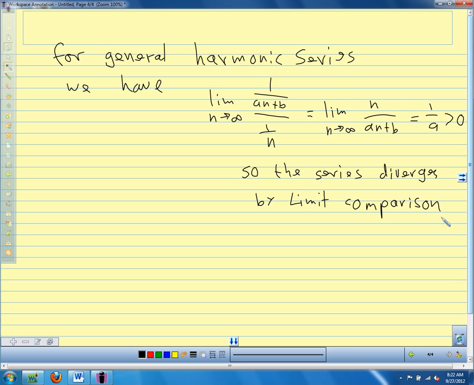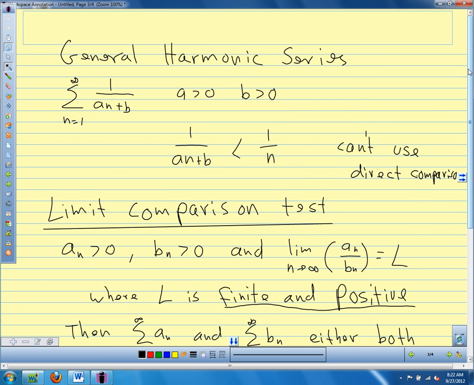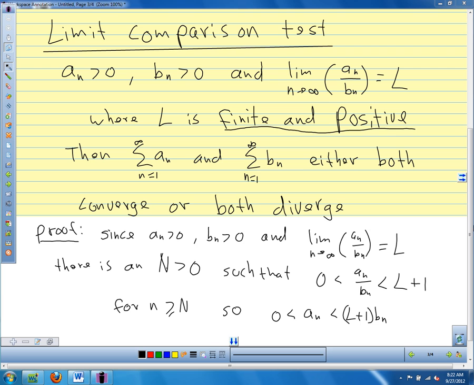Did you say that on the last page you had the inequality 0 less than a sub n, less than L plus 1 times b sub n, and that if a sub n diverges, then b sub n diverges, but not the other way? If b sub n converges, then a sub n has to converge. But if b sub n diverges, then you have to get it.